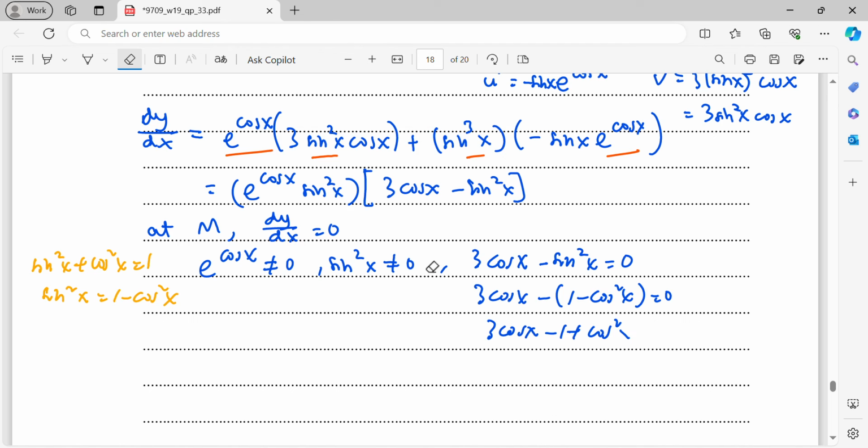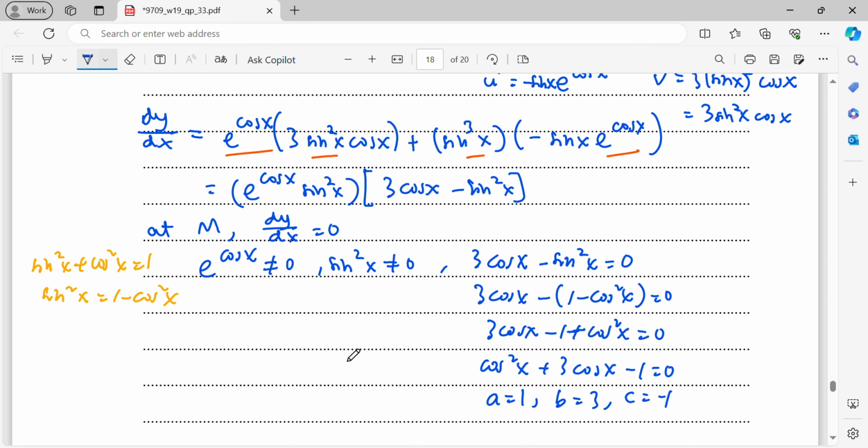It is a quadratic equation. Now I rearrange it: cos squared x plus 3 cos x minus 1 equals 0. This quadratic equation cannot be factorized, therefore we have to use the quadratic formula, whereby the coefficient of cos squared x, a, is 1, b is 3, and c is minus 1.